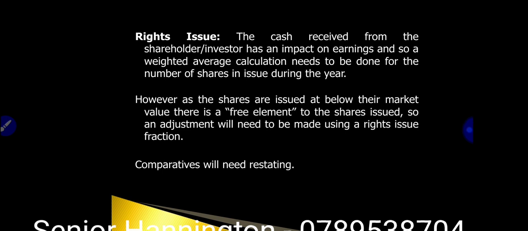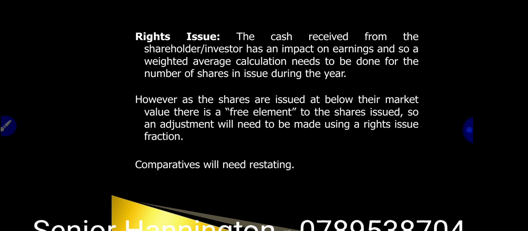Then the other complication is about the rights issue of shares. Now, rights issue of shares is different from bonus issues because here the existing shareholders get the new shares at a price below the current market value, meaning that these shares are not completely free as with the bonus issues.